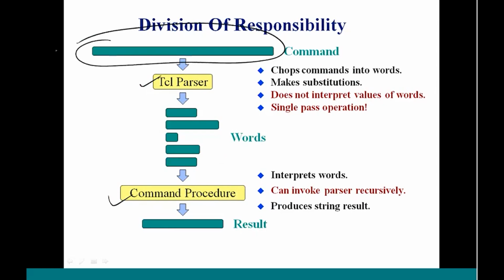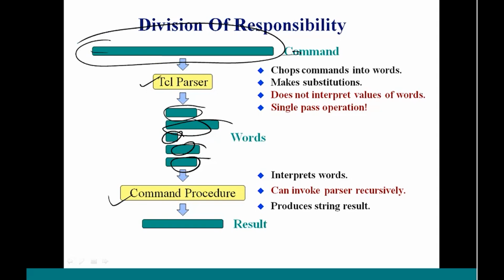This line is your Tcl command, just a string of characters coming one by one. The Tcl parser only chops the command into words. This one long command gets chopped into first word, second word, third word, fourth word, and fifth word.